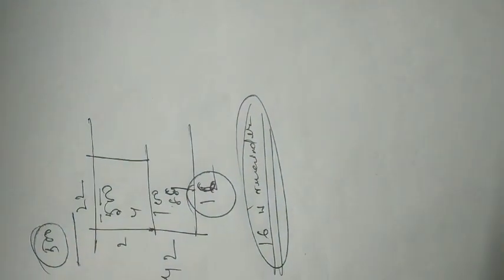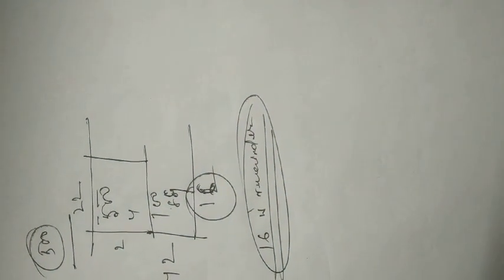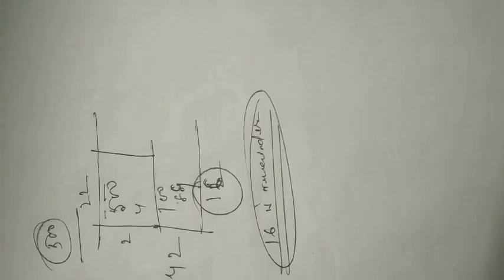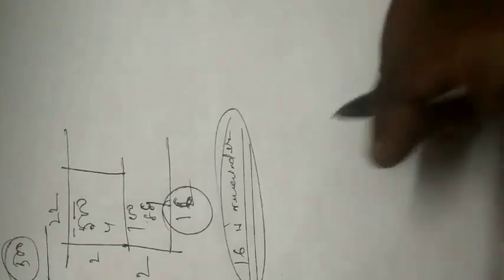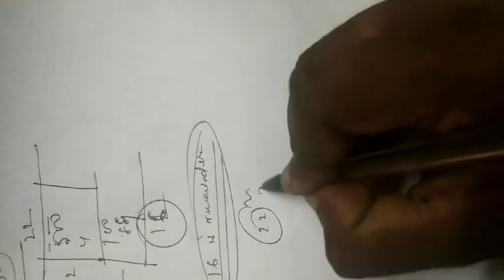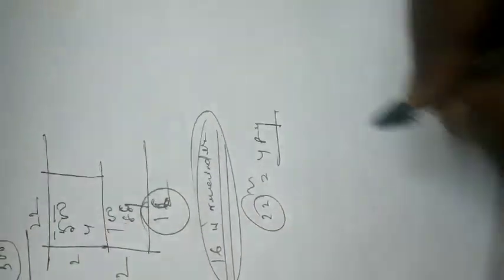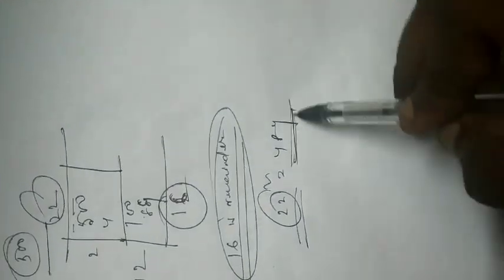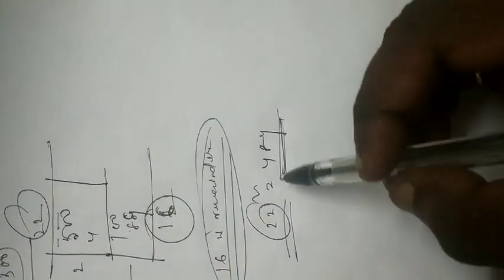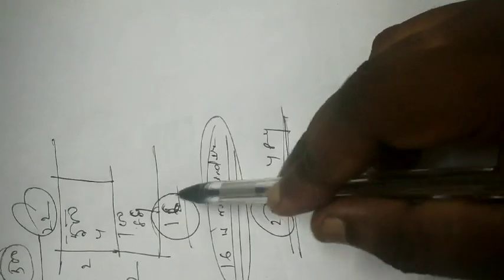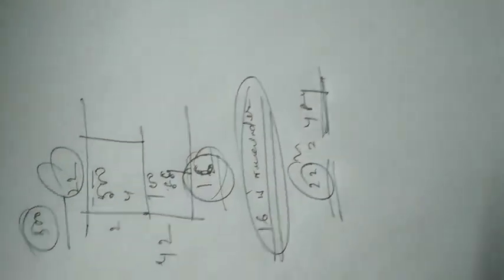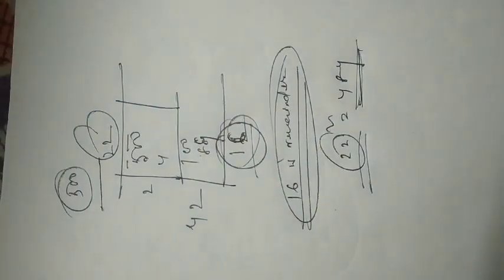So here 16 is coming extra because 22 square is 484. 22 I got from the quotient. 22 square is 484, and 16 is coming extra from the square root of 500.